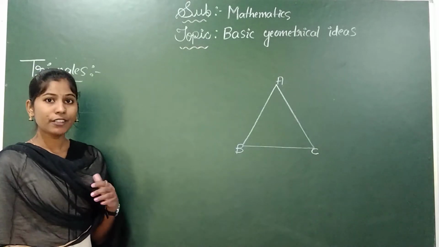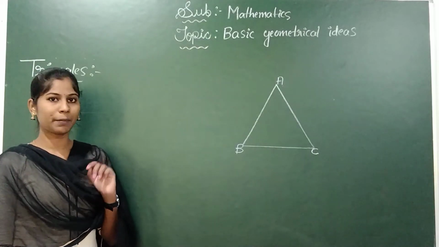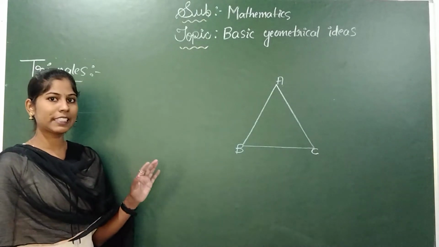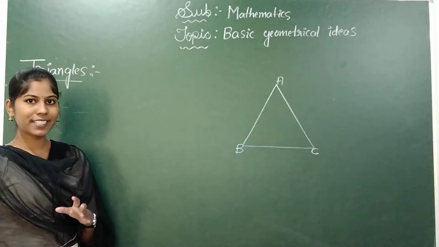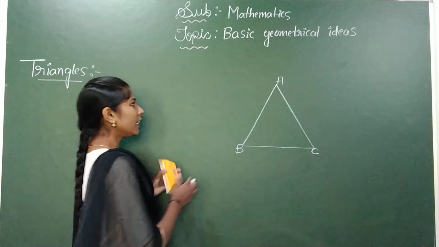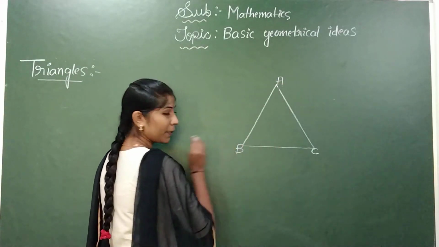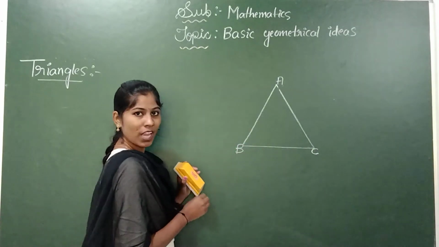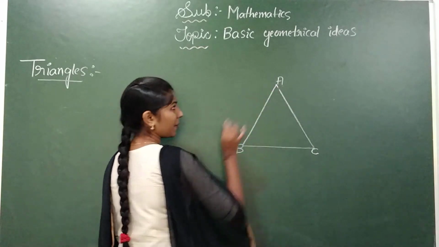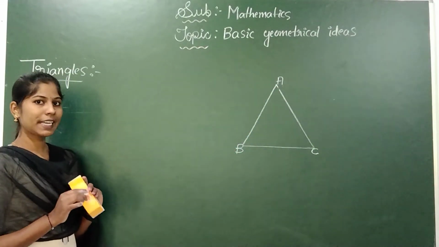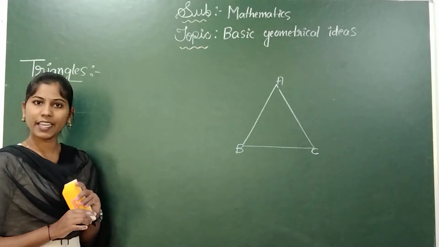This triangle is formed by line segments, and those line segments are called the sides of the triangle. So what are the line segments in this triangle ABC? Here, this is one line segment AB, another line segment BC and another line segment CA. These 3 are called the sides of this triangle ABC.